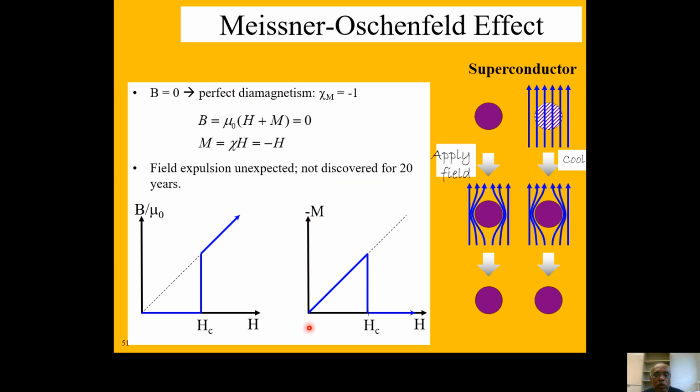So this is you are plotting with respect to H. So below Hc, this is for type 1 superconductor, you have superconductivity, that means M equals -H. Above Hc, there's no superconductivity, then it will have only this simple diamagnetism, but we know that's very small, almost zero, right?